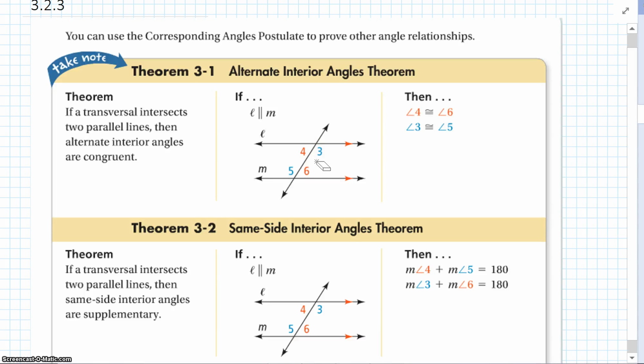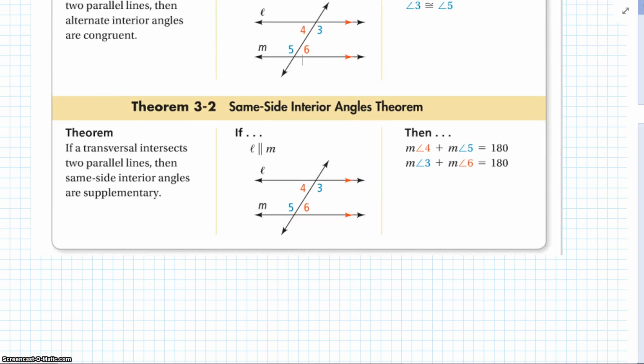So alternate interior angles of parallel lines are congruent. All right, here's the other theorem, the Same-Side Interior Angles Theorem. If a transversal intersects two parallel lines, then the same-side interior angles are supplementary. We know angle 4 plus angle 5 must equal 180. We know angles 6 and 3 must equal 180.